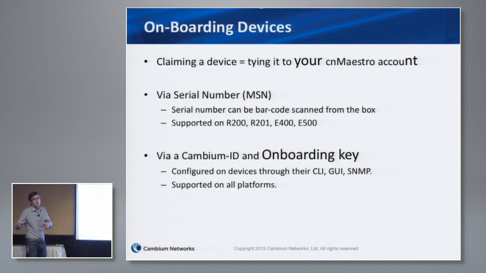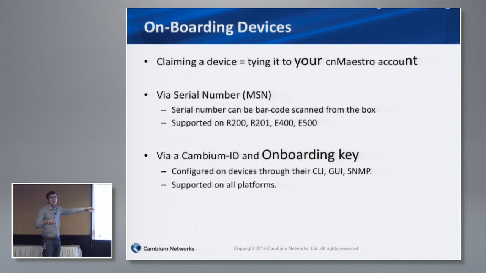They install it. When the Wi-Fi product connects to the internet, gets the DHCP address, router and everything, it goes to cnMaestro and downloads configuration, firmware updates, and gets the whole configuration. So you don't have to give access to your installation guys. You don't have to pre-configure it in your warehouse.